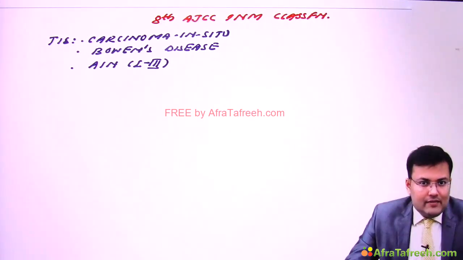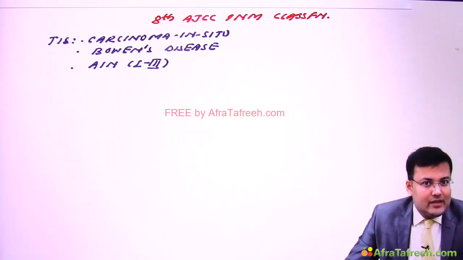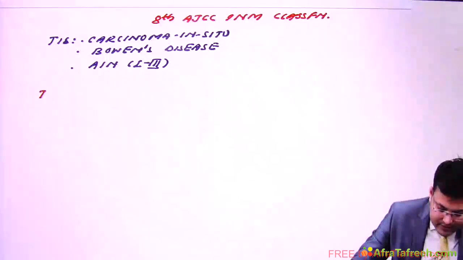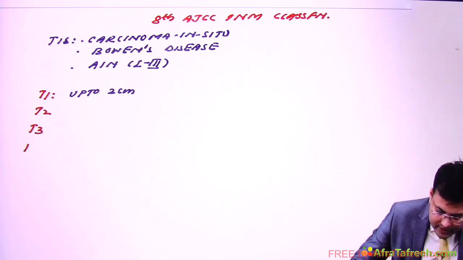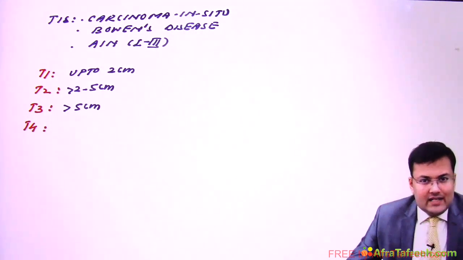T2 is more than 2 to 5 and T3 more than 5 centimeter. In T4 there is involvement of adjacent structures. So T1 to T4 is almost similar to carcinoma breast. Easy to remember.